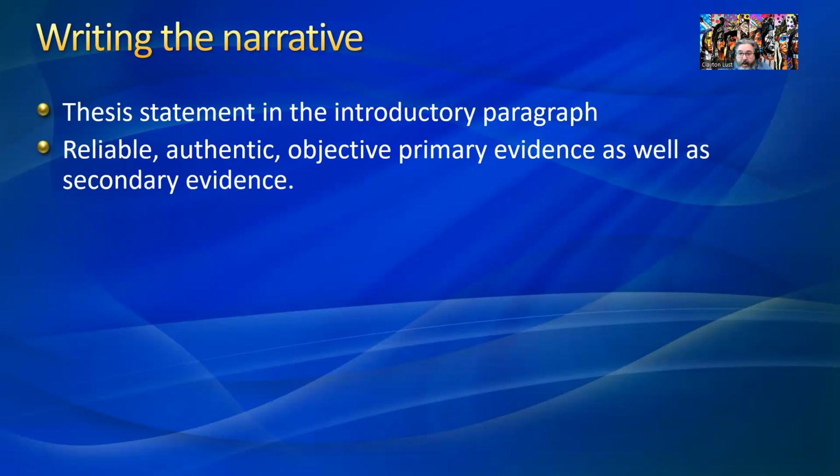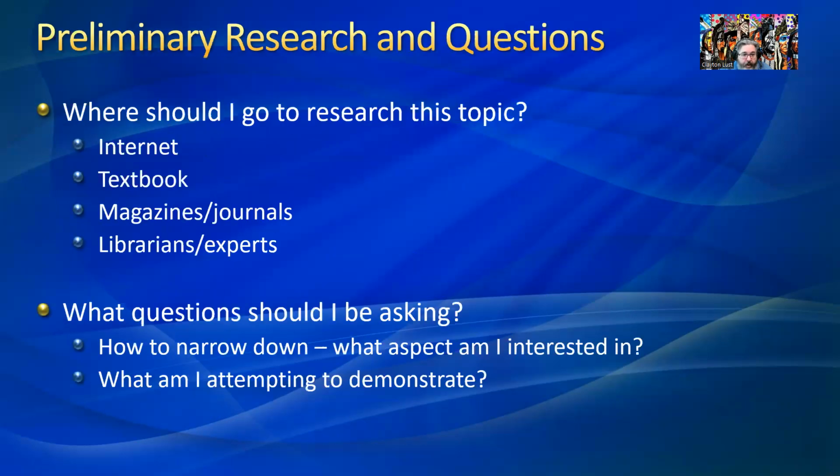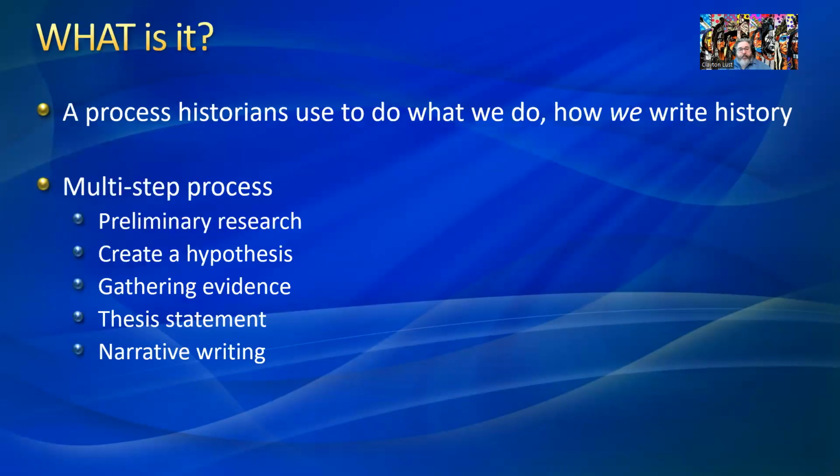Very simply, I'm going to roll all the way back to the front of all of this stuff. The historical method. You do your preliminary research. Hopefully that will result in a very good proposal that you can give to me. If you look in the syllabus and if you look online, you'll see the due dates for all of this.